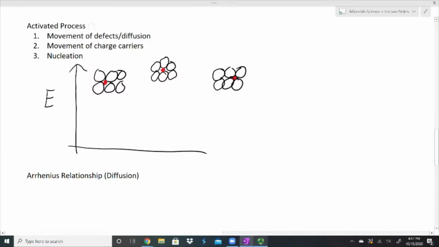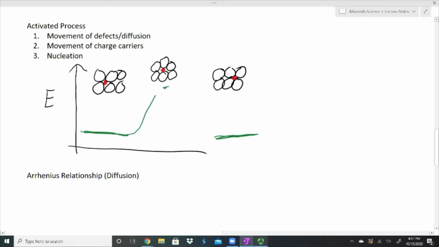So my energy level would be low when it was at its interstitial site. It's nice and happy. It's low again once it's in the other interstitial site. But when it had to squeeze between these atoms, remember, atoms are vibrating, they're moving, something's got to happen. Energy's got to be in there, things are happening. It had to spread those apart.